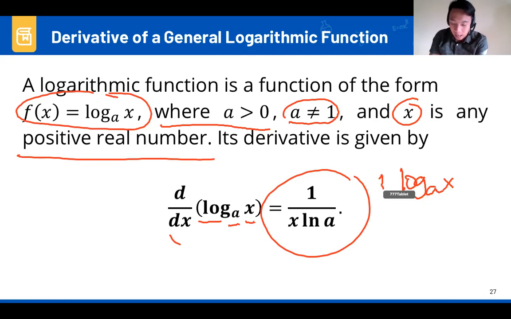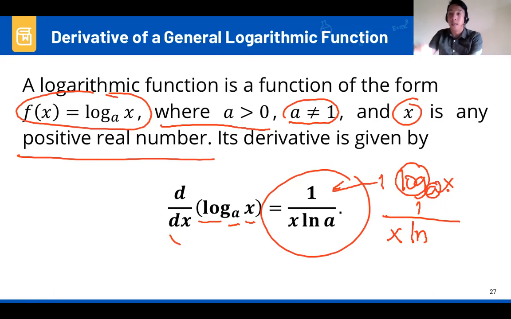Correct? Okay? So, the 1 here goes to the top. The x goes in front. And then the log will change into ln. And then the a will be put here. It is no longer a base. It will be beside the ln.